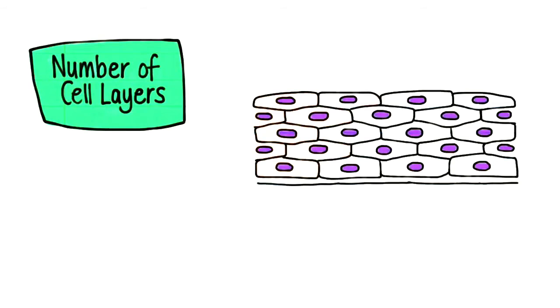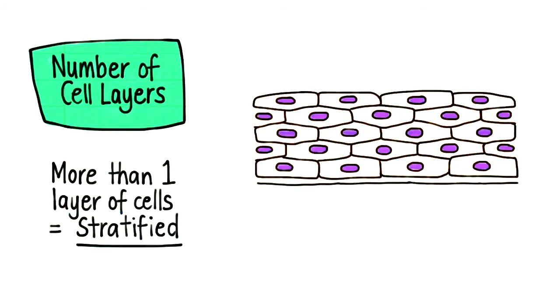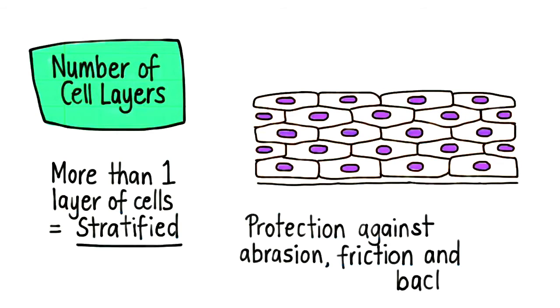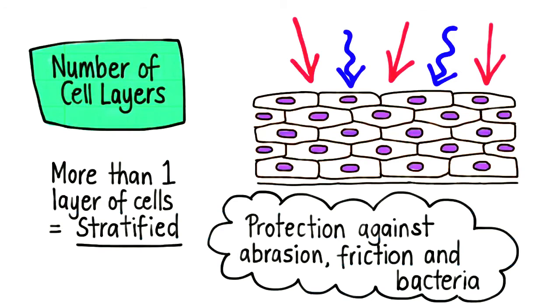If more than one layer of cells is present, we call the epithelium stratified. Stratified epithelium is located in regions where we need protection against abrasion, friction, or bacteria, like for example the skin.